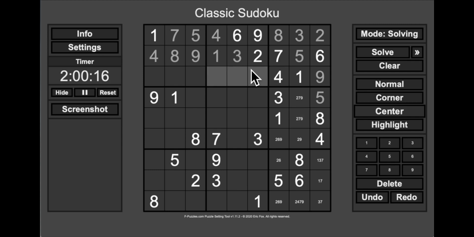Let's see. If the top rows are now right, these 3 cells are 5, 7, 8 to complete box 2, of which this is not 7. These cells are 2, 3, 6 to complete box 1, of which that's not 2.